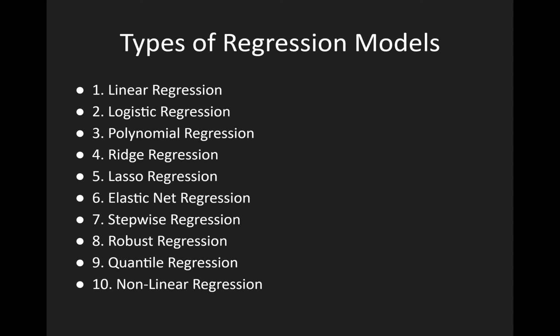And moving forward, stepwise regression is an iterative method for selecting independent variables by either adding or removing predictors based on specific criteria like p-values and AIC. As an example, identifying key drivers for customer churn.